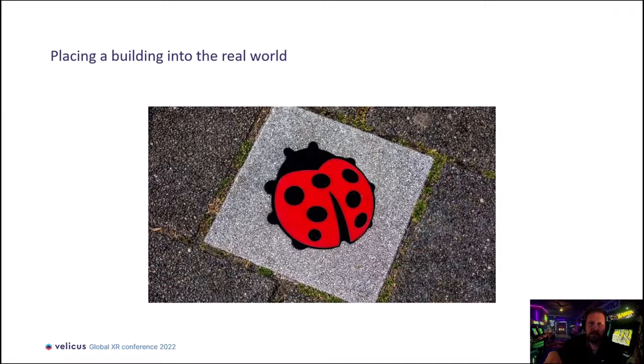It was easy to spot, and that's why we chose that exact location and measured how far the virtual building would be according to that tile. It would have been really nice if we would be able to scan that ladybird to place the model. But in the end, we used a QR code that we can just place on top of that tile, and that would place the building in the real world.